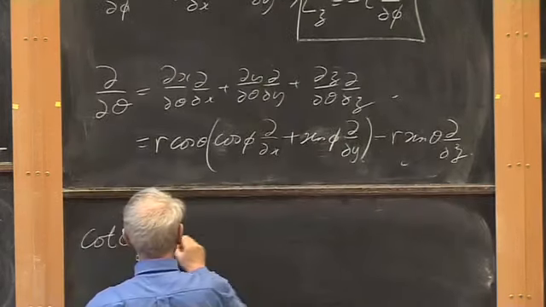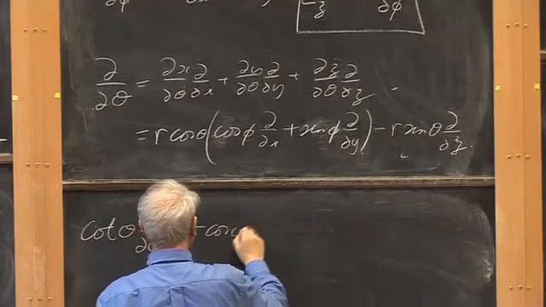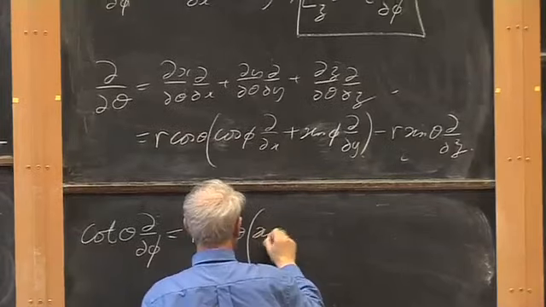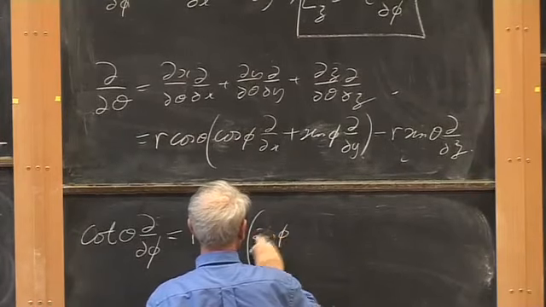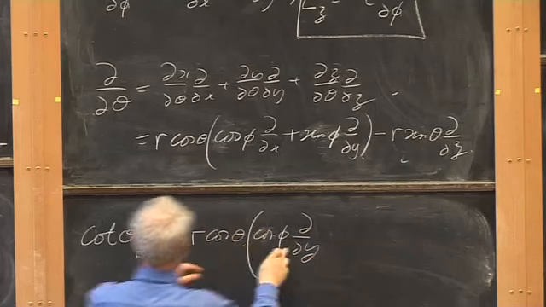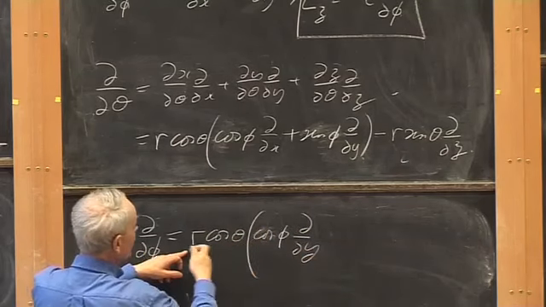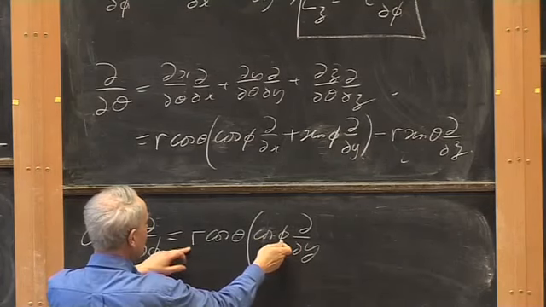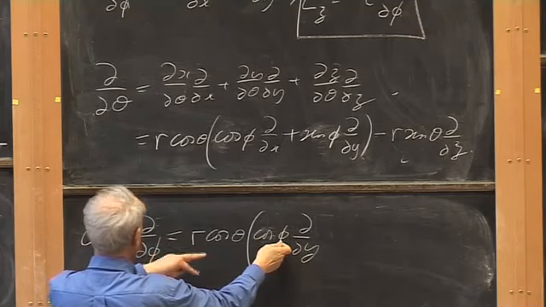So this is r cos theta, brackets, sine phi, cos phi d by dy.